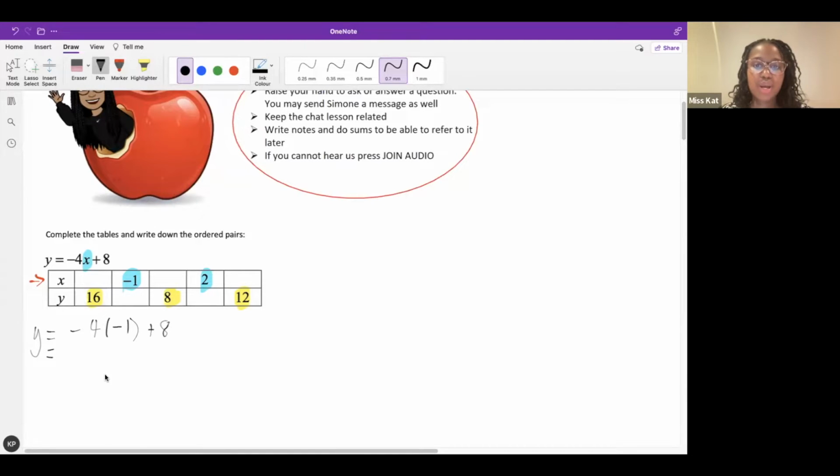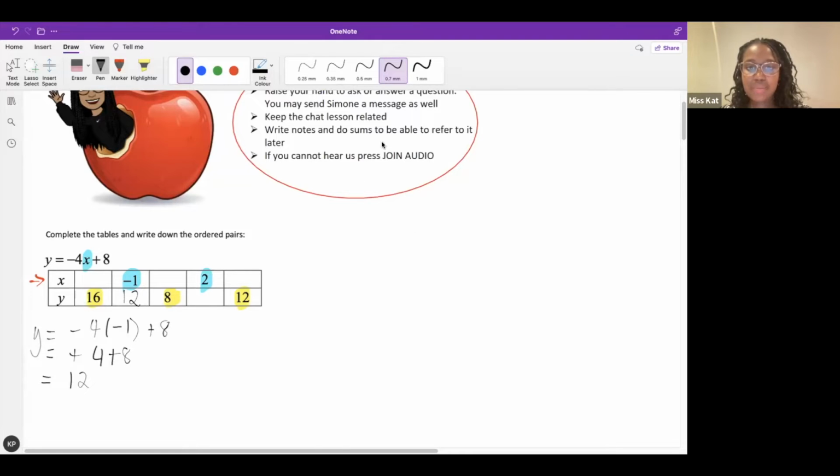And then 4 times 1 will be positive. 4 plus 8, therefore Y is 12. 12 is my output. Hopefully this has jogged some people's memory.